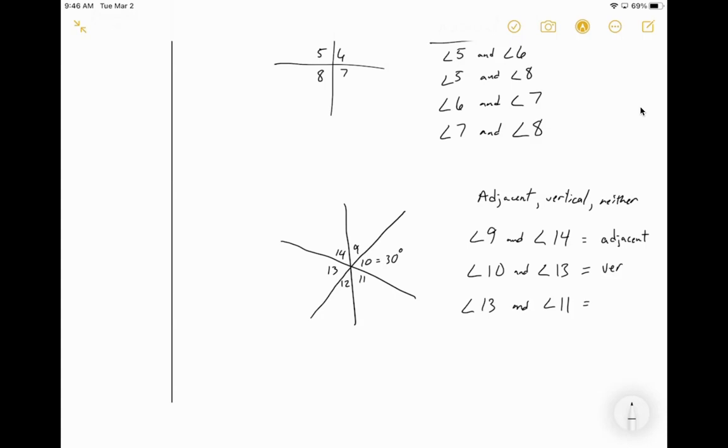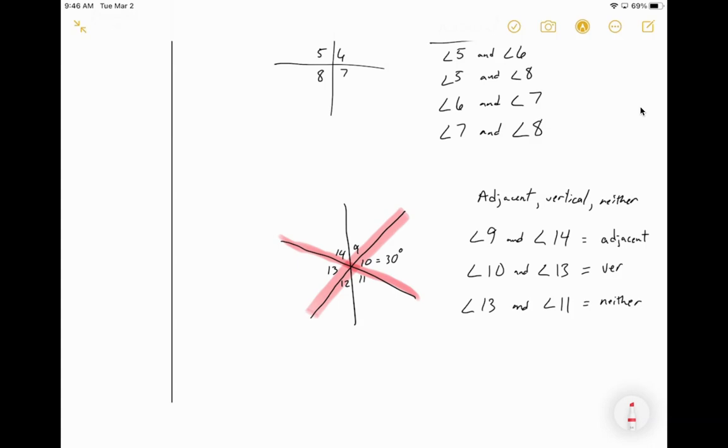Yeah, this is one where it gets tricky, okay? Some people are saying, aren't those vertical? These ones actually are neither. The way I like to think of it is vertical angles will always make the X, okay? So, for example, angle 13 and angle 10, they make the X. You guys see that? Right?